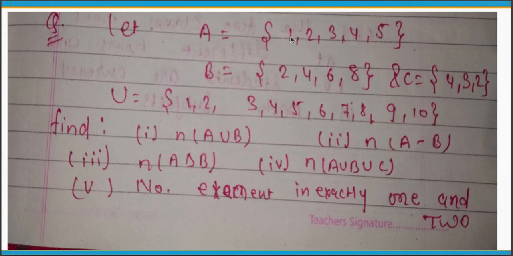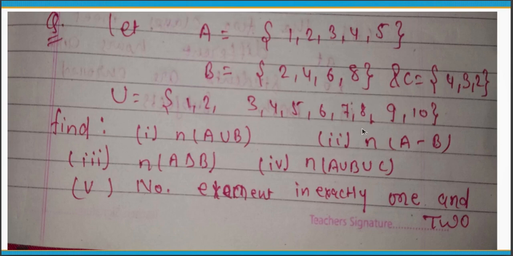Now number of A minus B: number of elements of set A minus number of elements of A intersection B. The number of elements of set A is 5. The intersection is 2 and 4, so the number of elements is 2. 5 minus 2 equal to 3. Or otherwise you can make a Venn diagram.